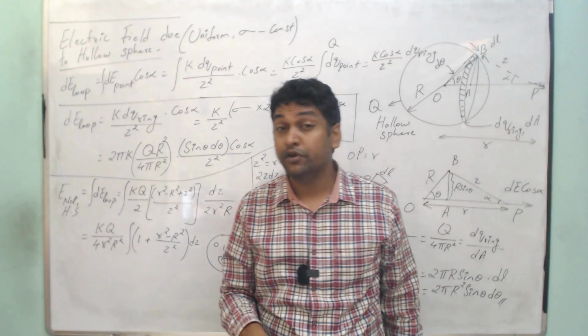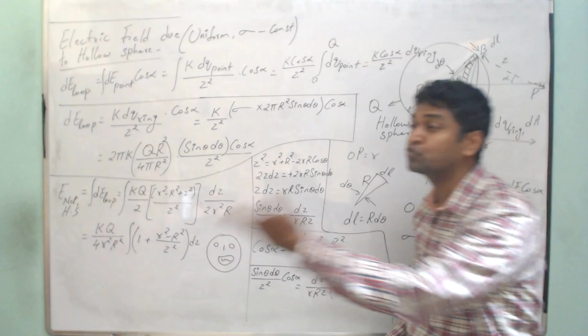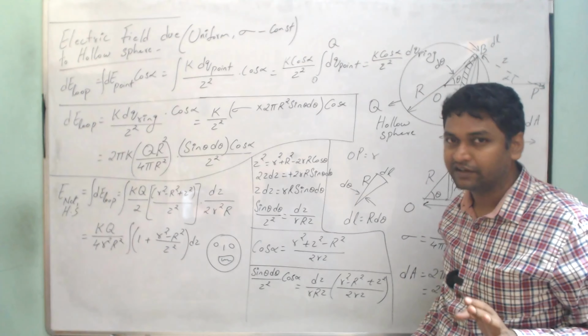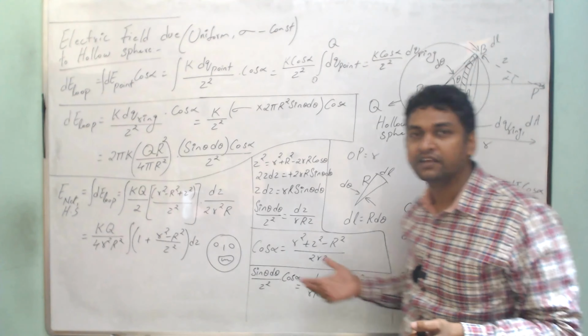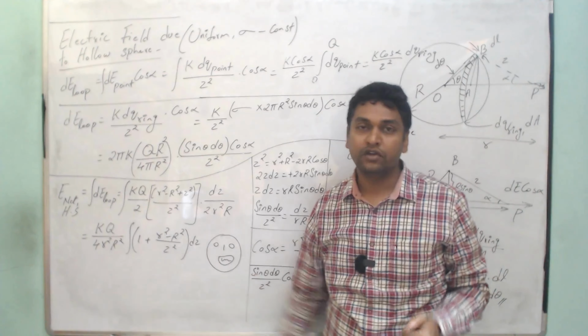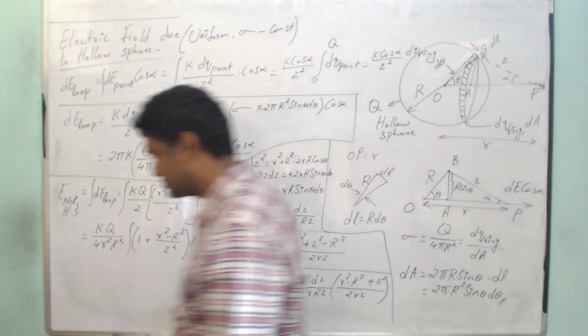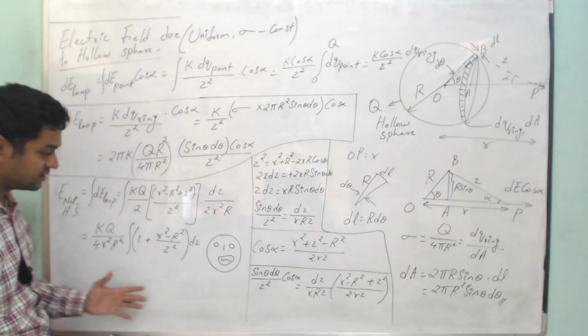Second point, I said I want to keep my limits as 0 to q. Why? Because 2 into q by 2 or q is the same. So this I have said in a very imaginative way. But mathematically also I want to prove it to you. So right now, for this derivation, take it till here.